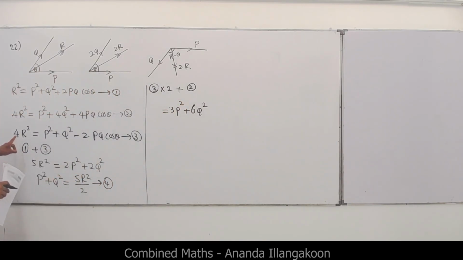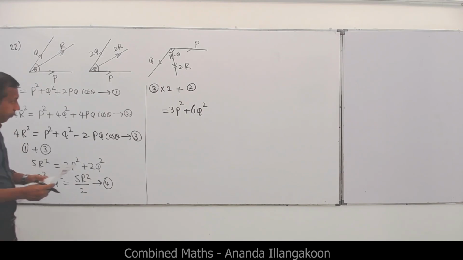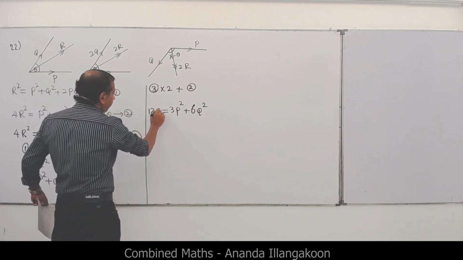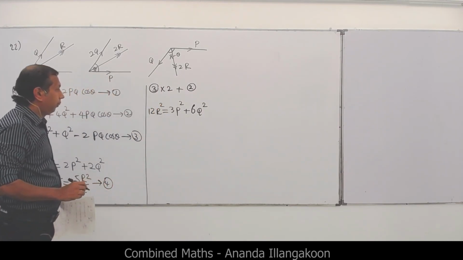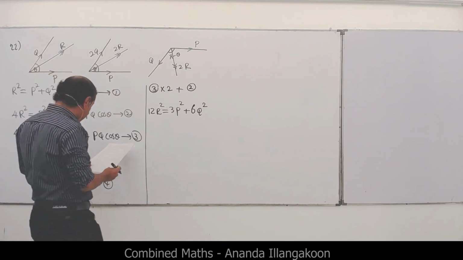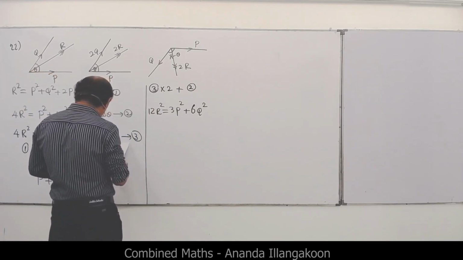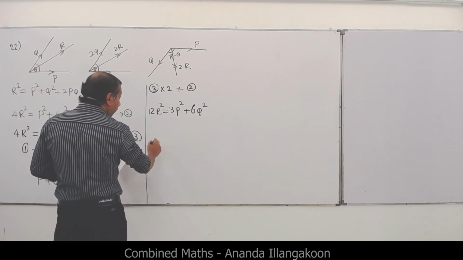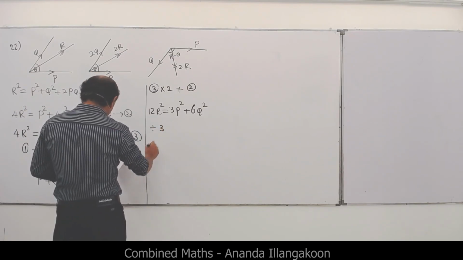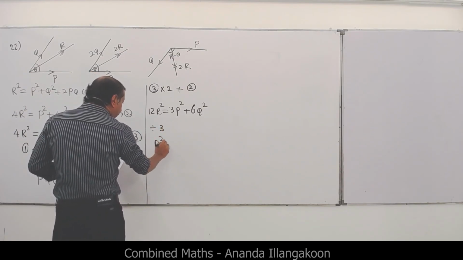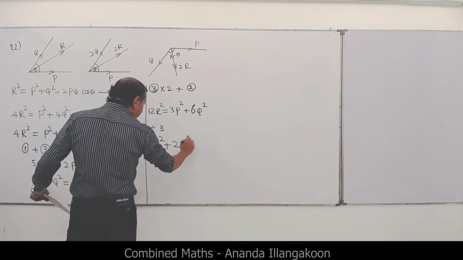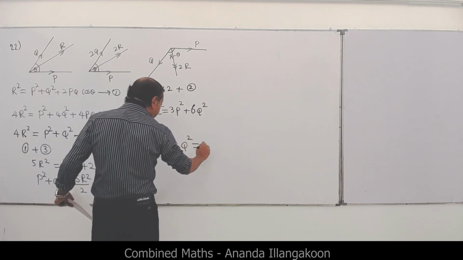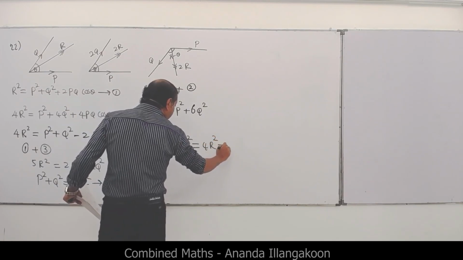Here 8R squared and 4R squared, we get 12R squared. So we can divide this by 3. We get P squared plus 2Q squared is equal to 4R squared. This is number 5.